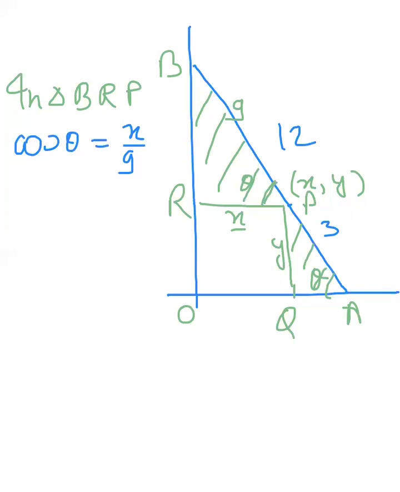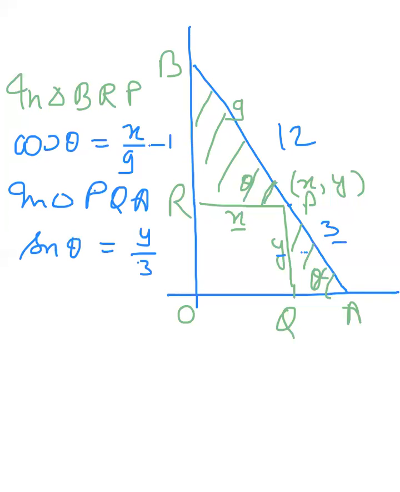Next we go to this triangle, triangle PQA: perpendicular and hypotenuse, so sine theta equals perpendicular upon hypotenuse, y upon 3. Equation 1, equation 2. Squaring and adding.